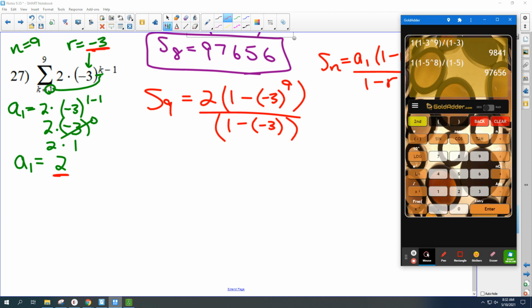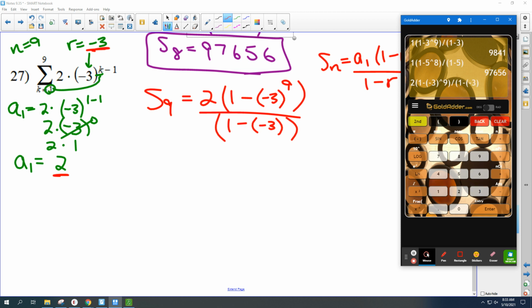Okay, lots going on. That's why I would highly recommend you use a calculator with good parentheses. 2 times 1 minus, I'm using parentheses for my negative 3. Take that negative 3 to the 9th power and close your top parentheses. Now I'm going to divide by the bottom, which was 1 minus parentheses negative 3.